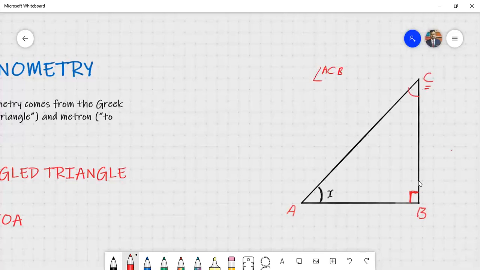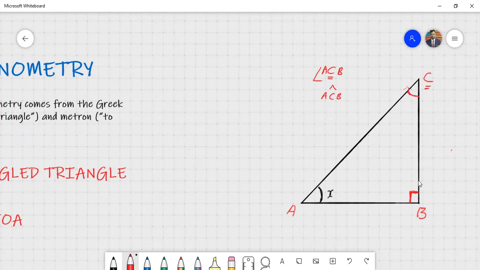You can write angle like this and also like this; both signs are used to express an angle. So when we say ACB, this is the angle.